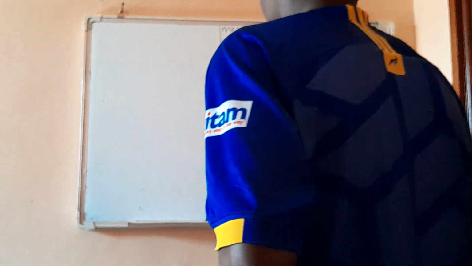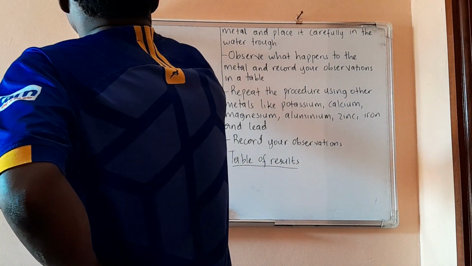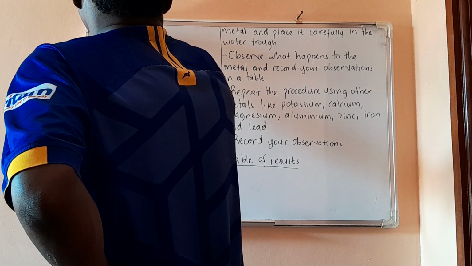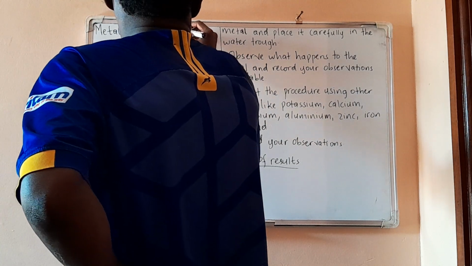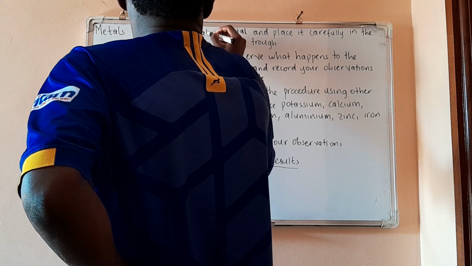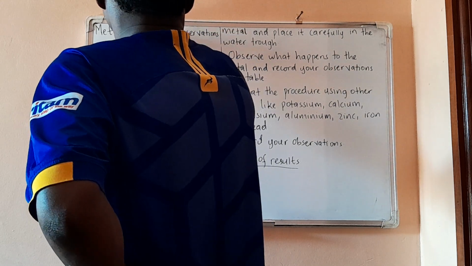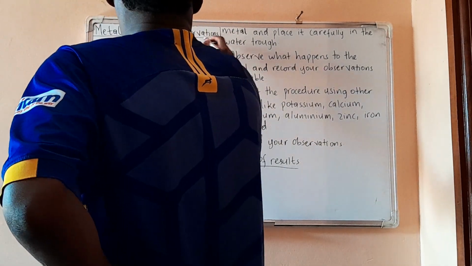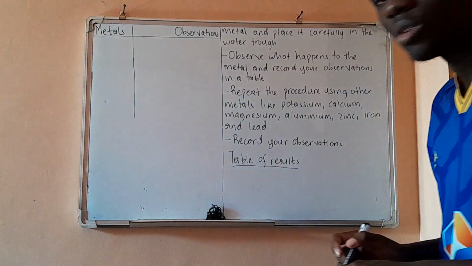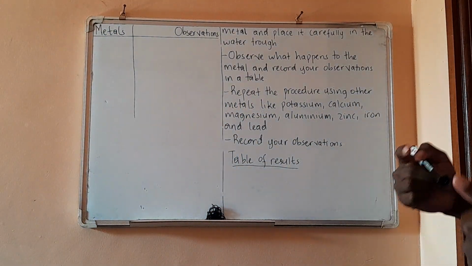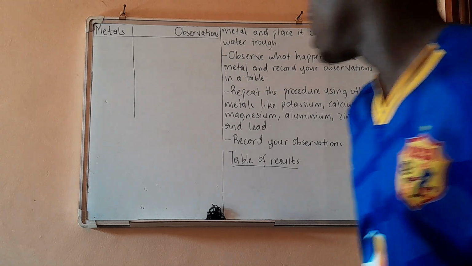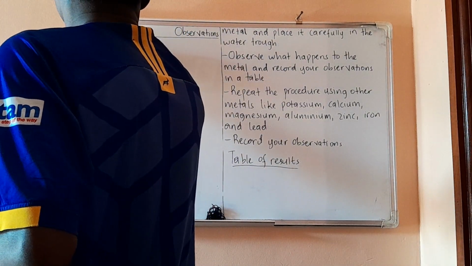We have one column with metals and then observations. Now I'm going to request you to kindly watch those videos. You are going to observe some of these things which I'm going to write. Let us start with sodium.